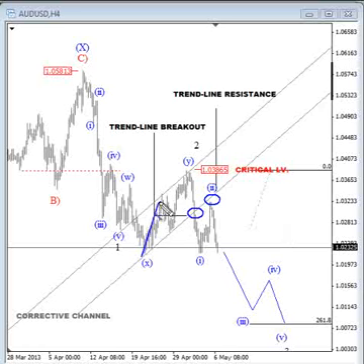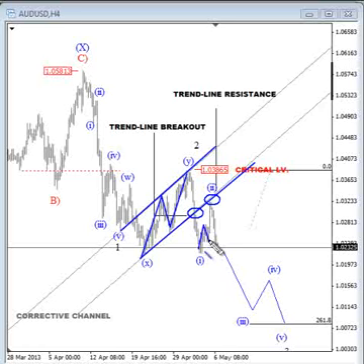So once again, only 3 waves up within 2 parallel trend lines. We didn't get a push through this upper parallel trend line. That's very important. In fact, the market reversed through the lower side of this corrective channel, which is your first confirmation that the market is headed lower.